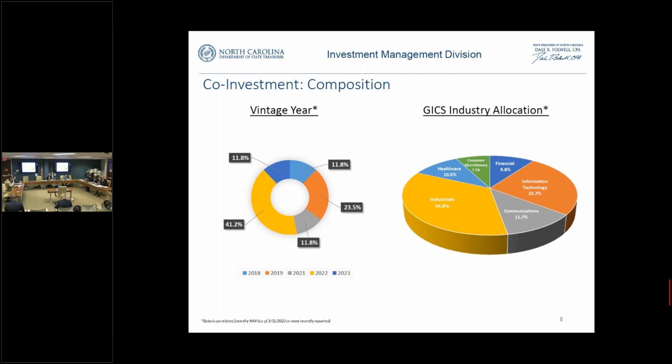This chart shows the amount of capital deployed based on current NAV, and we also look at it for cost. We can't impact how an investment appreciates, but if you look at 2018, we deployed $77 million of capital in two investments, started at the end of the year.